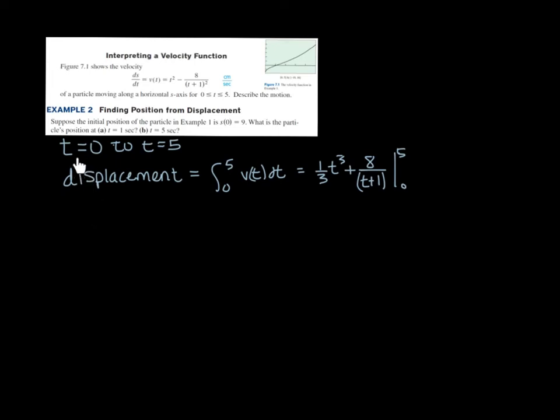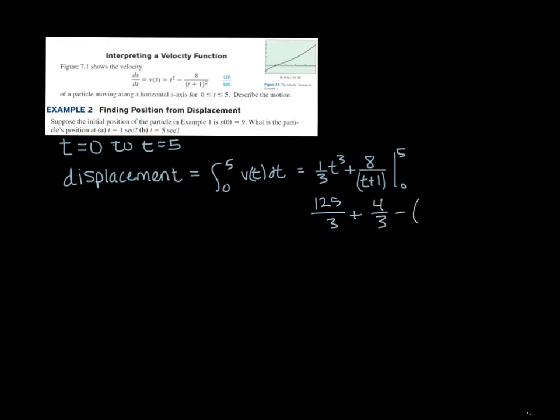So now to find the displacement from t equals 0 to t equals 5, that'll be the integral from 0 to 5 of v of t dt. And the antiderivative we already found on the first example is 1/3 t cubed plus 8 over t plus 1 from 0 to 5. Plugging in those numbers, we will get 125, that's 5 cubed over 3, plus 8 over 6, which is 4 over 3.